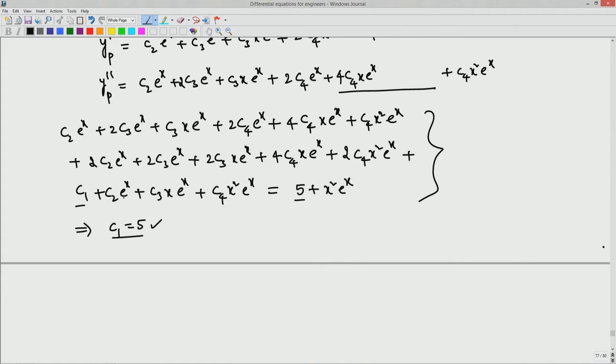The e power x coefficient: C2 plus 2 C4 plus 2 C2, so C2 plus 2 C2 gives 3 C2, plus 2 C3 from here, and this 2 C3 is 4 C3.